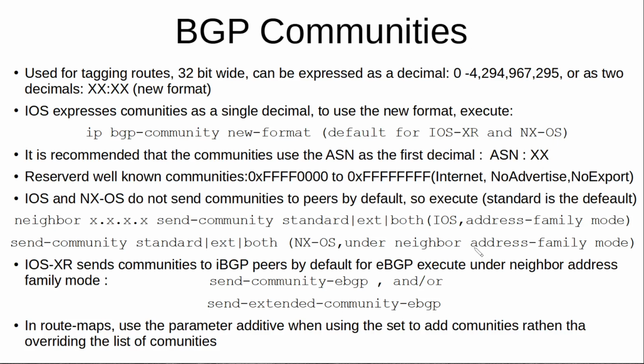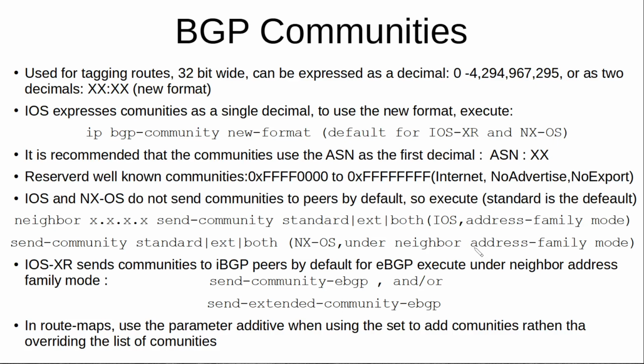It is recommended that if you're going to use communities, the first 16 bits are the same as your autonomous system number. You should be aware that there are reserved communities, known as well-known communities, that all start with 0xFFFF hexadecimal. So don't use any community in that range.